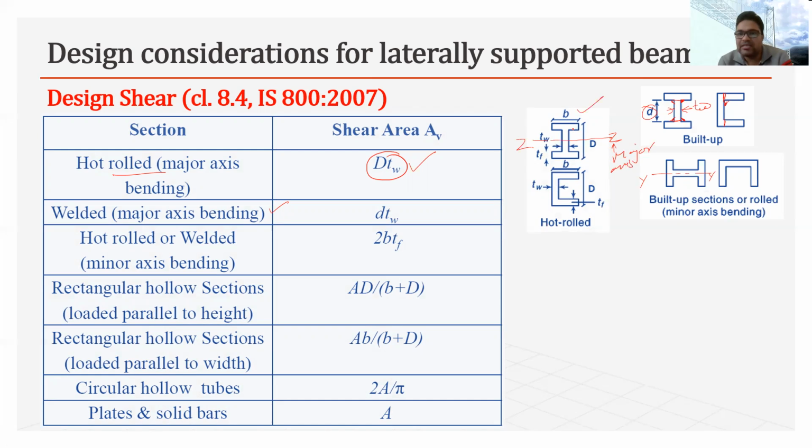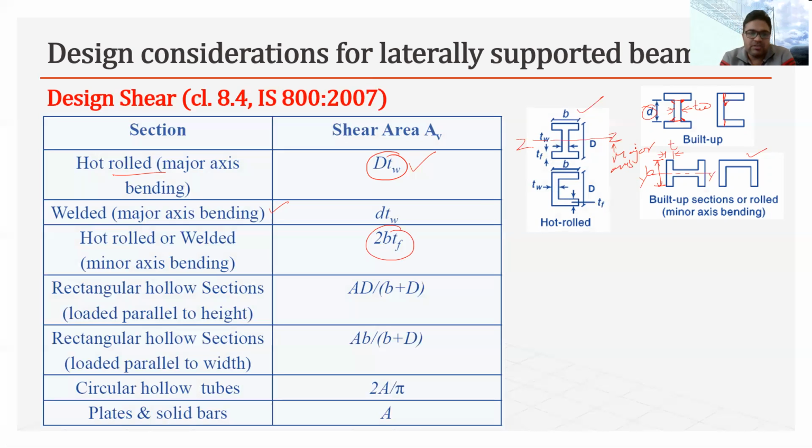In this case the beam will bend about the minor axis. How do we find the shear area then? The shear area will be calculated as 2 into B into tf, where B is this width and tf is the thickness of the flange. Whichever section we have, only the vertical part will be effective in resisting the shear force. That is what we are trying to calculate.